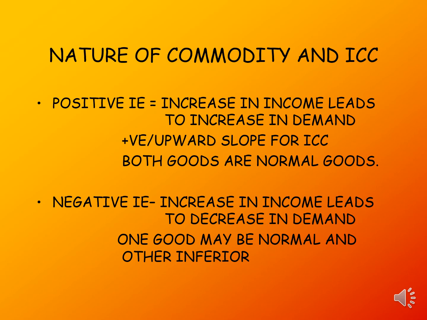In that case, an increase in income leads to an increase in demand, and there will be a positive or upward slope for the income consumption curve. So positive income effect is there in case of normal goods, when both the commodities are normal.